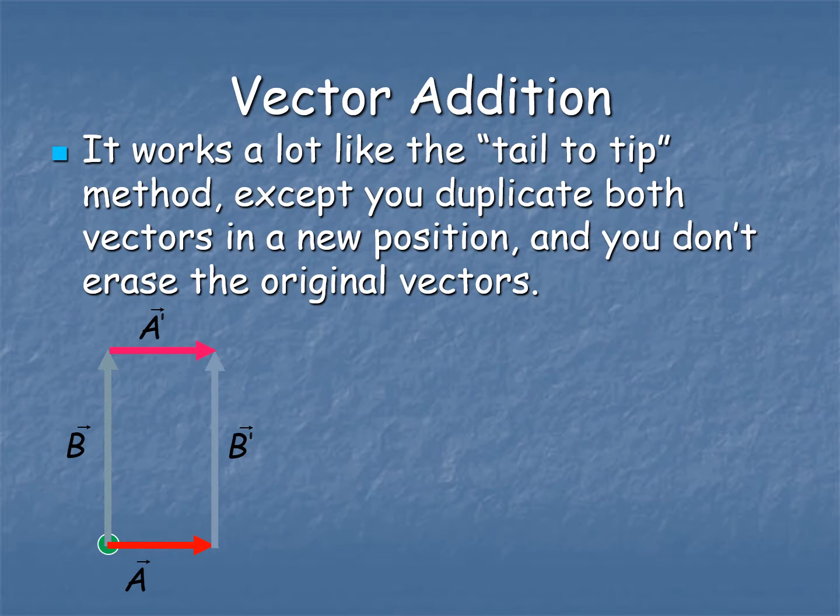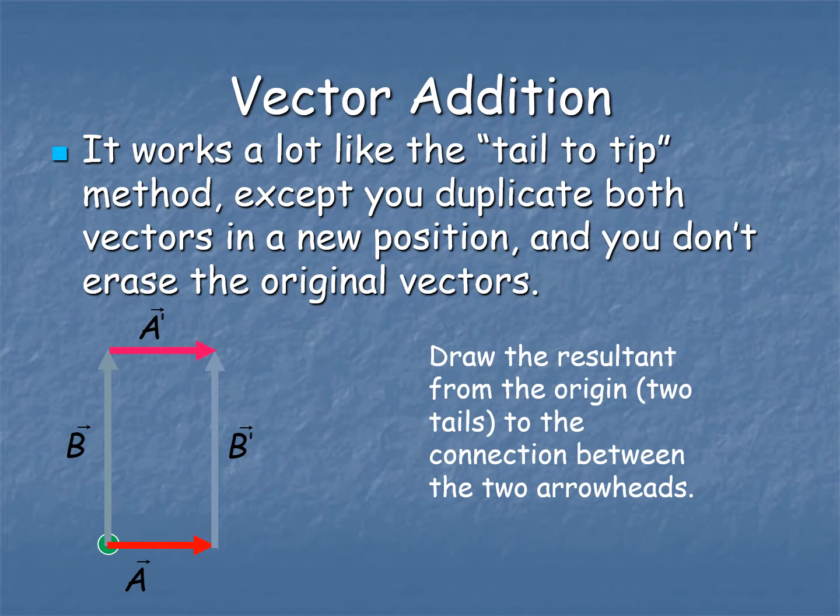In this particular case, because the original vectors were at right angles, we formed a rectangle. But a parallelogram is any four-sided figure in which the opposite sides are parallel. It doesn't have to be a square or a rectangle. The resultant is drawn from the original object, which is where the tails are, to the place where the two arrowheads are touching.